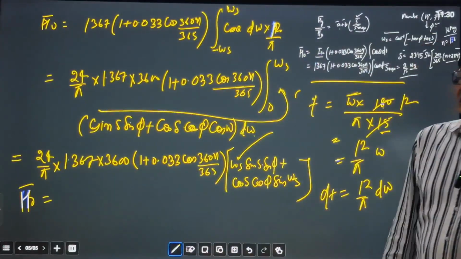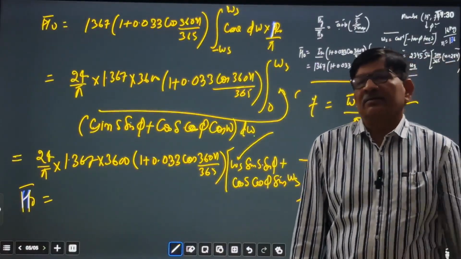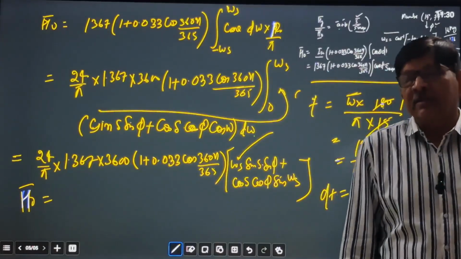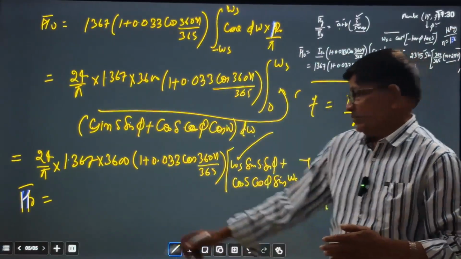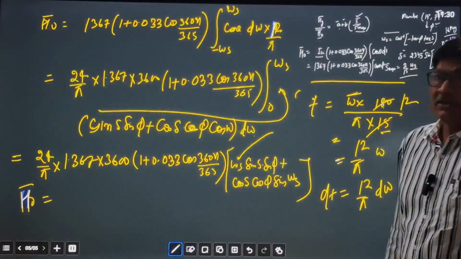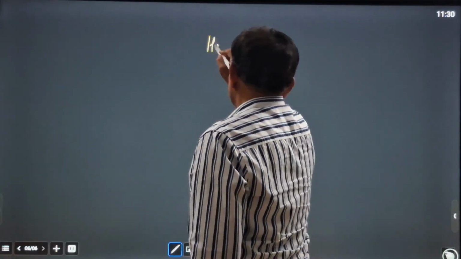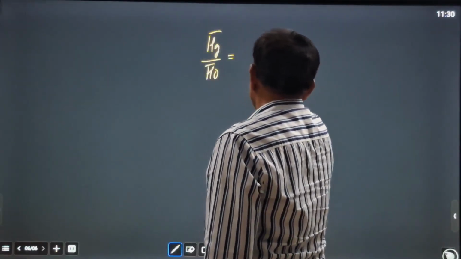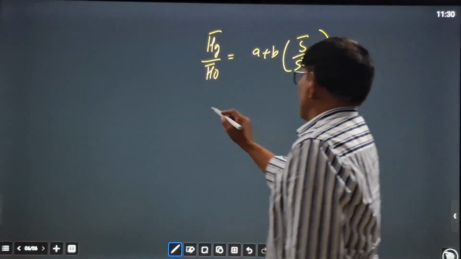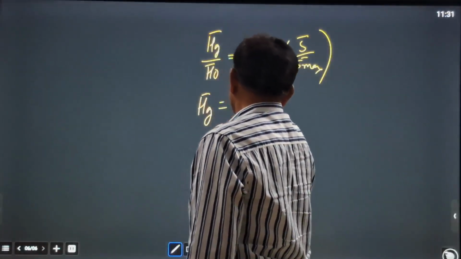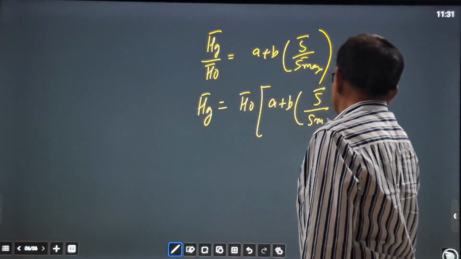H0 means the global daily average irradiance falling on a horizontal surface for a clear day, means extraterrestrial radiation falling on the extraterrestrial region, monthly daily average value H0 bar. After getting this value, everything is now known, and we have to use the equation Hg upon H0 bar equal to a plus b S bar upon S maximum bar. So Hg equals H0 bar into a plus b S bar upon S maximum.